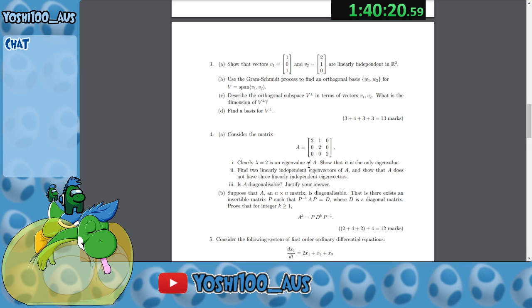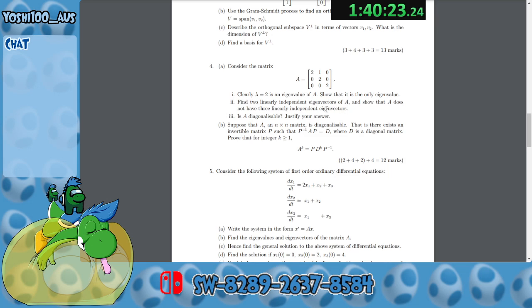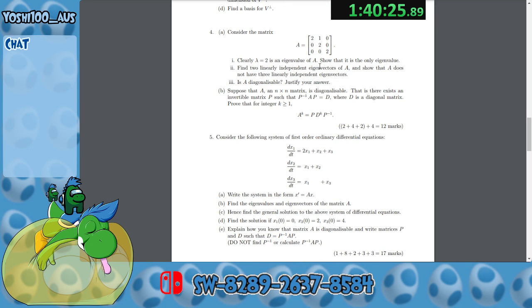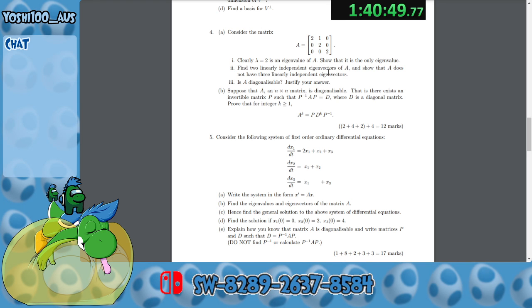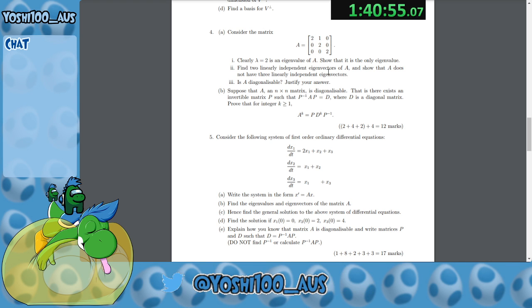Consider matrix A. Clearly 2 is an eigenvalue of A. Show that it is the only eigenvalue.